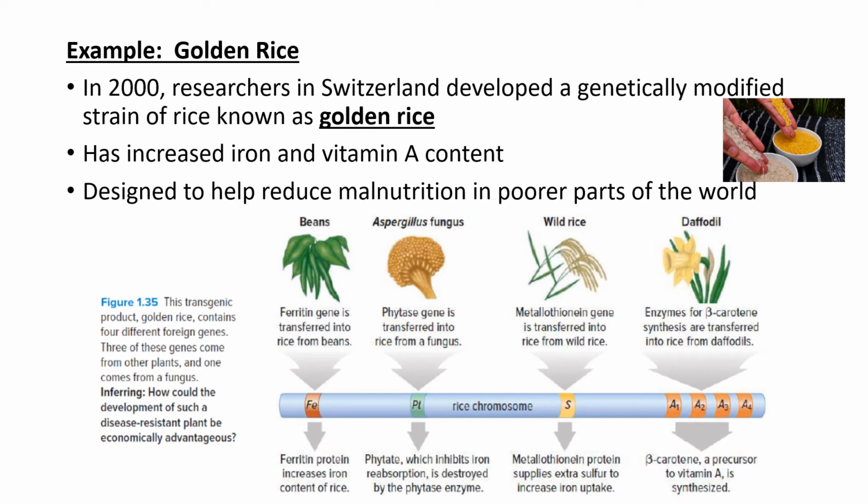So you're putting iron in there, you are getting rid of something that makes it hard to absorb iron, and then you're adding something that makes it easier to absorb iron. And then you also have genes for beta-carotene, which is a precursor for vitamin A, being made so that you can increase your vitamin A intake as well.